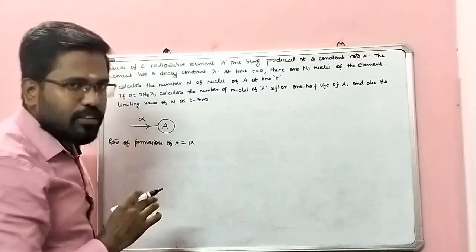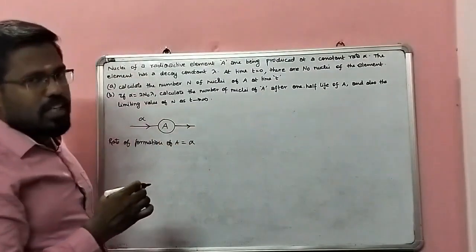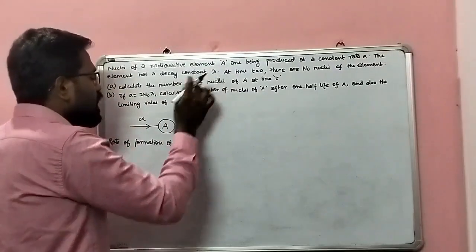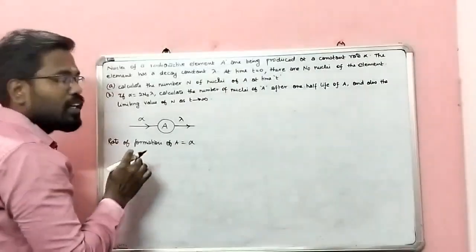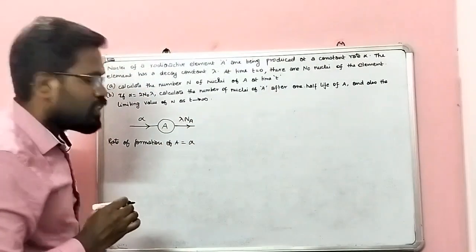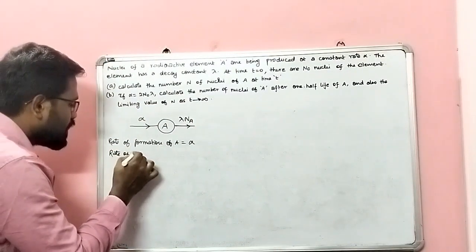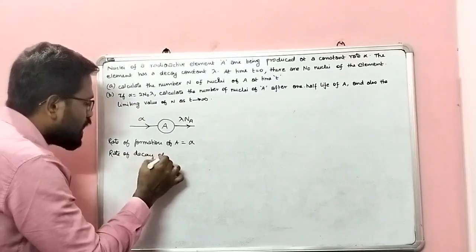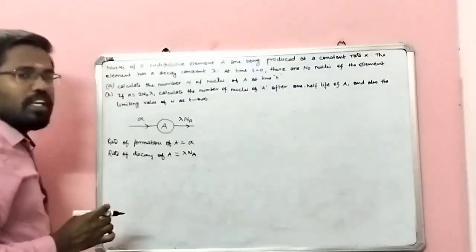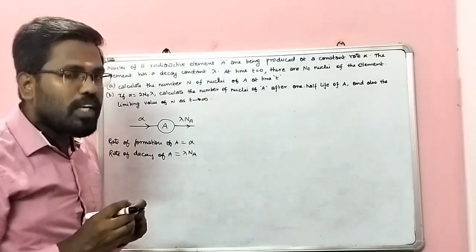Since this is a radioactive element, it also undergoes decay. Then what is the rate of decay? That rate of decay can be given by the decay constant lambda and the number of nuclei NA. So the rate of decay of A is lambda into NA. Then what is the net rate of formation of nuclei A?